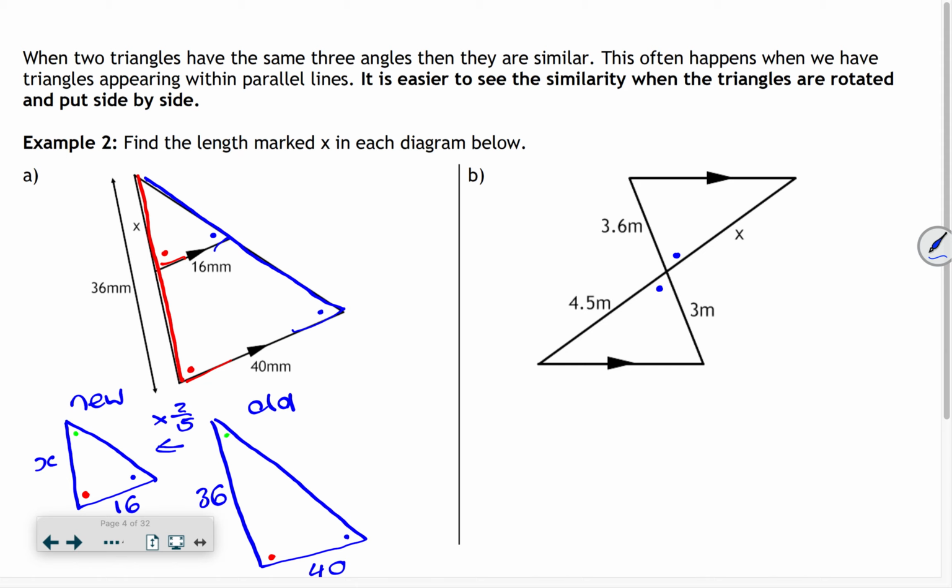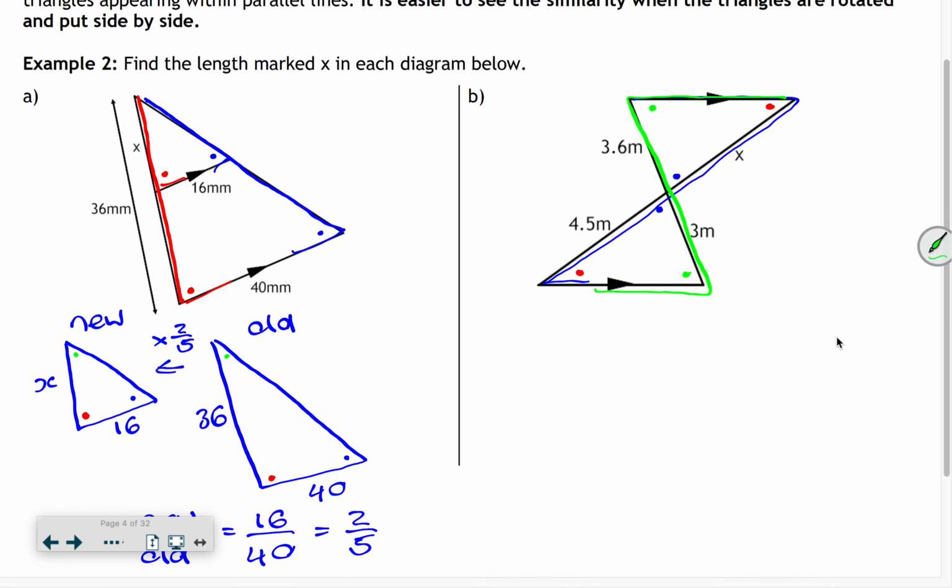If I was to draw out the letter Z, means that this angle here is the same as this angle here, I'm marking with red. And if I draw out another Z, this time backwards, means this angle here is the same as this angle up here. So I do indeed have two triangles that share the exact same angles. So therefore these two triangles are similar to each other.